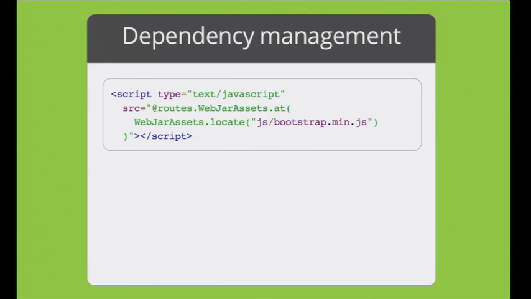This is the reverse router that looks up the route, the path for the WebJar asset, and this one actually locates the specific asset that we want. So that's saying I want the minified Bootstrap JavaScript, and that will end up being substituted with the path of the WebJar. Now, actually, what ends up in that URL that comes back is the version number.